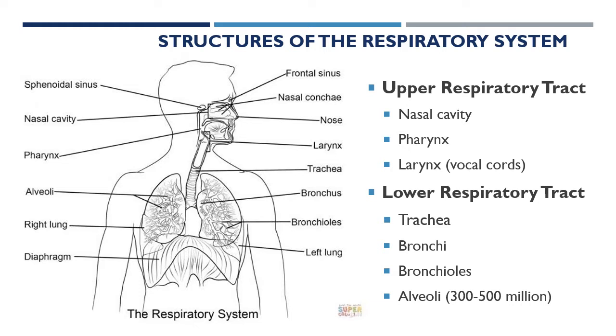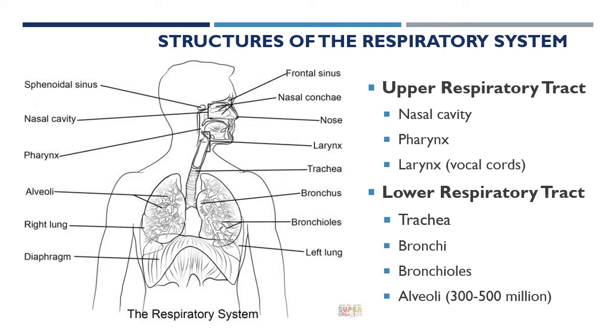And then the trachea breaks into a left and right main stem bronchus, which goes to the left lung and the right lung. And then the bronchial tubes just gradually divide into smaller and smaller bronchioles until they reach a very, very tiny size and they get to the alveoli.